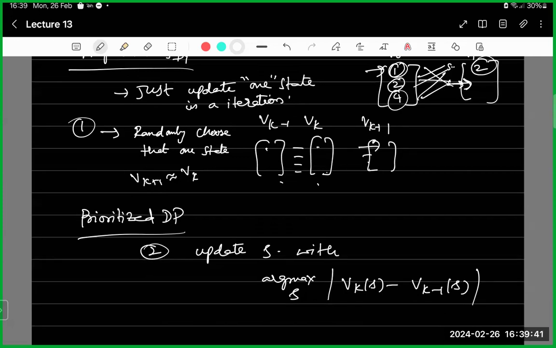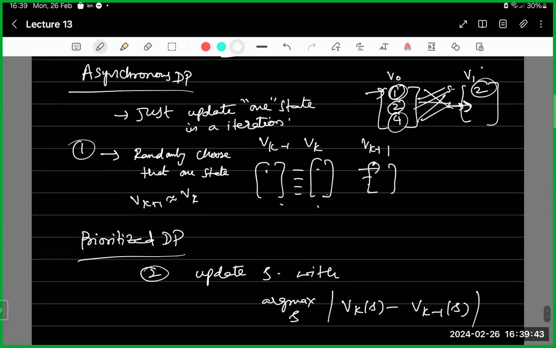I'm just telling this for the sake of explaining that particular thing. I'm just telling what we mean by updating only one state, and that arbitrarily or randomly choosing is a trivial way. This might not be a useful way of doing it. It might not increase the value, and it might update the same state again and again, right? So it's not the same as doing value iteration.